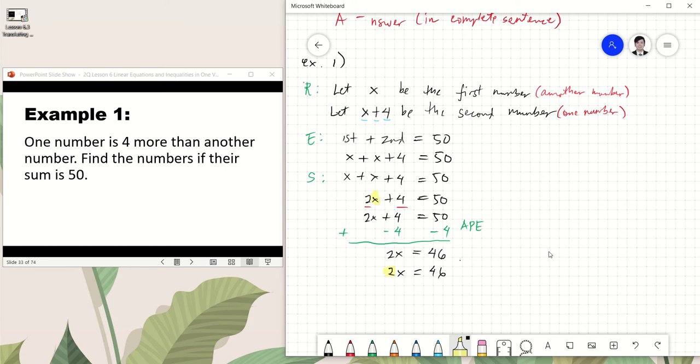But it's a coefficient of x. That means we have to make it a 1 by multiplying its reciprocal. Ano yung reciprocal ng 2? 1/2. So, cancel the 2. So, x na lang yung matitira. 46 divided by 2 is 23.